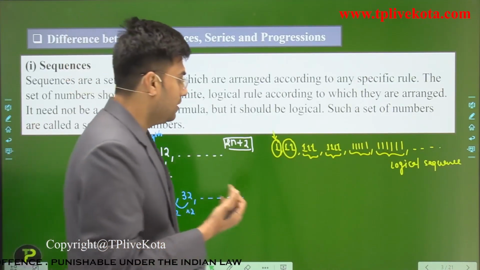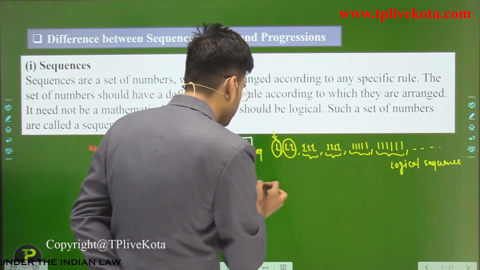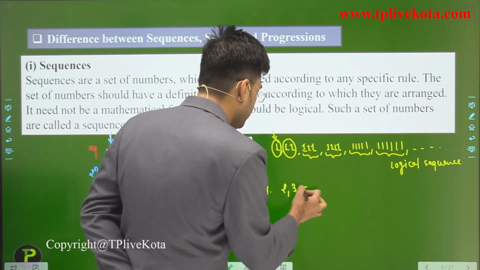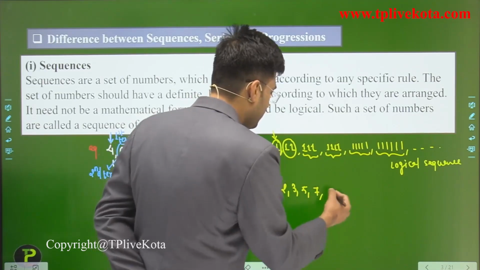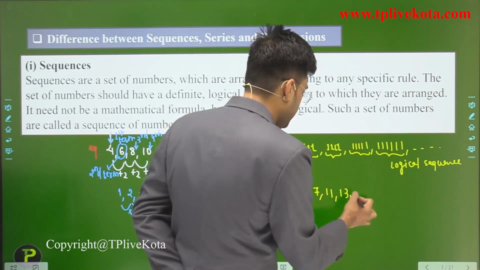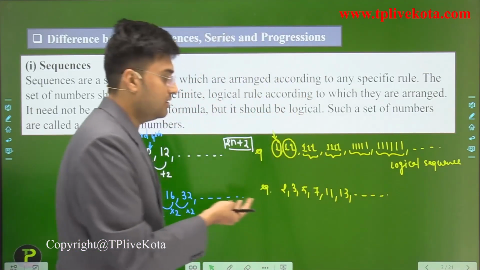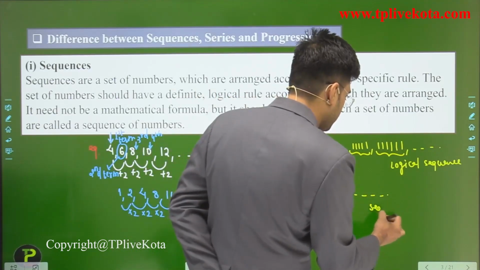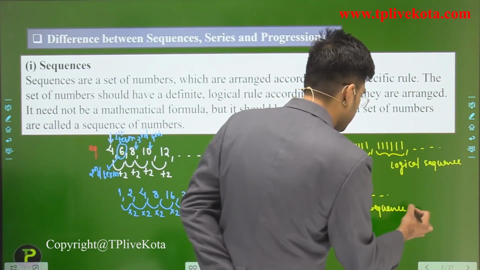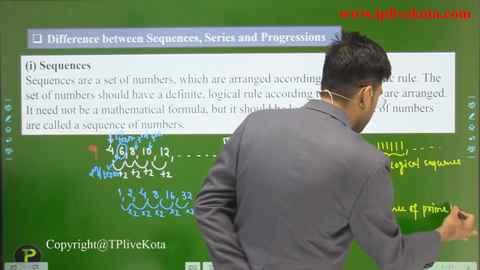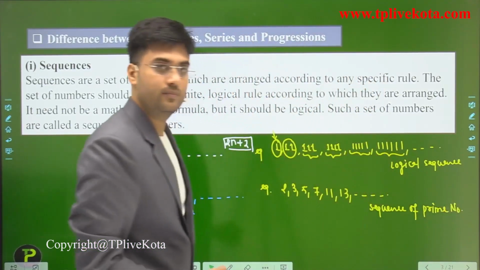Clear? For example, if I write 2, 3, 5, 7, 11, 13 and so on, this is also a sequence, the sequence of prime numbers.